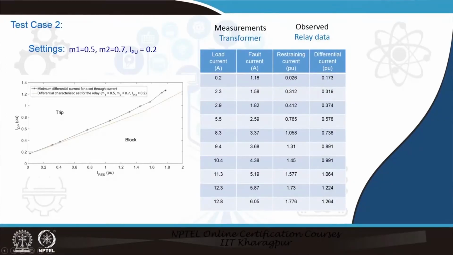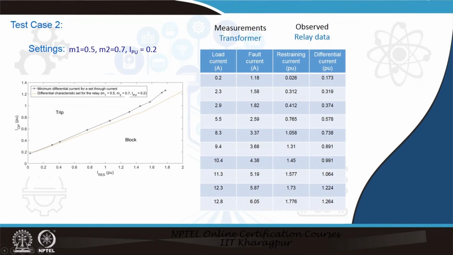We have another test case for M1 equals 0.5, M2 equals 0.9 and IP equals 0.2, and then we vary the load current. In another case, M1 equals 0.5, M2 equals 0.7, and IP equals 0.2, and we vary the load current and also the fault current path. We observe that the restraining current is increasing accordingly, and the corresponding minimum differential current to get the characteristic also goes on increasing.